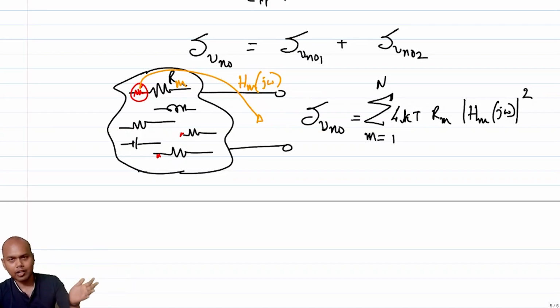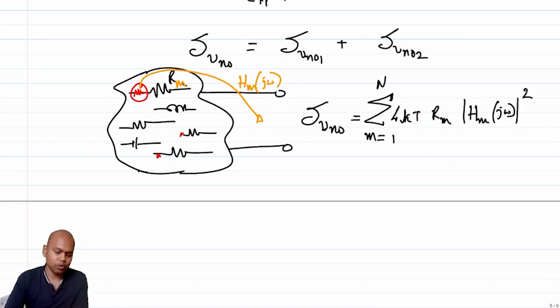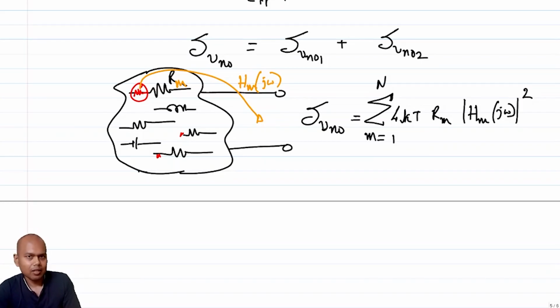If I have 100, you have to do 100 transfer function calculations and then the summation. You might say I can do it using a simulator, so in place of you, the simulator has to do that calculation. And if your network has a million resistors, the simulator has to do a million different transfer function calculations, and quickly this can blow up.